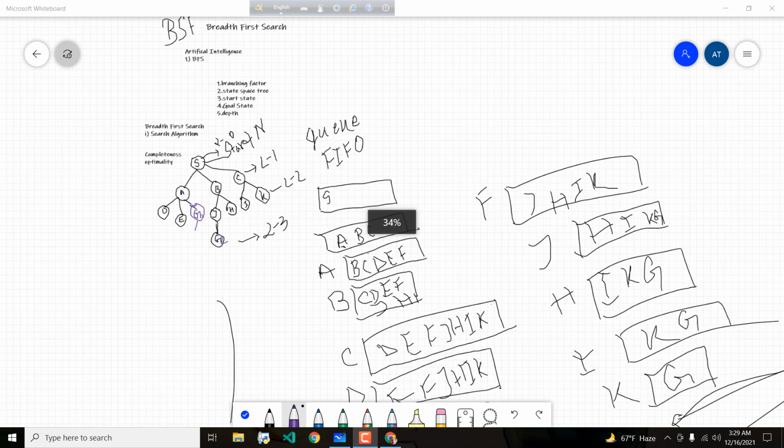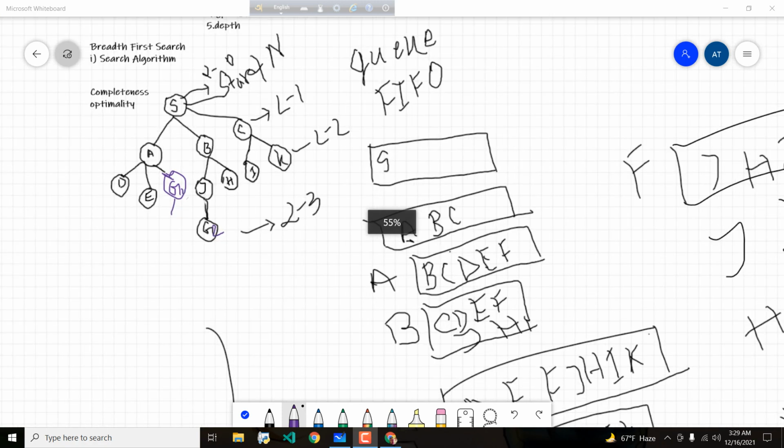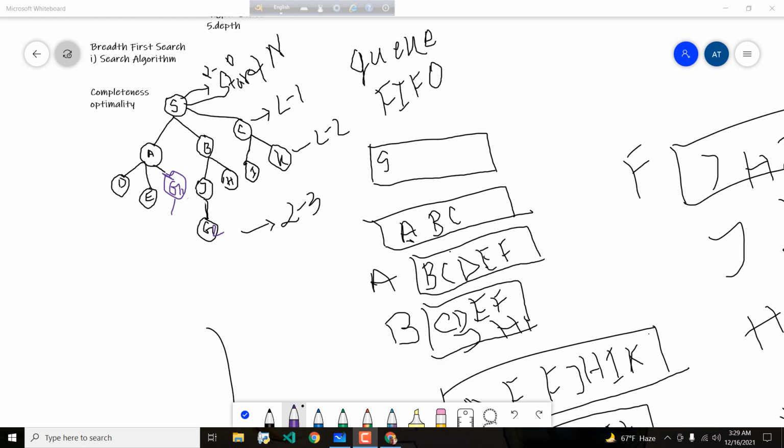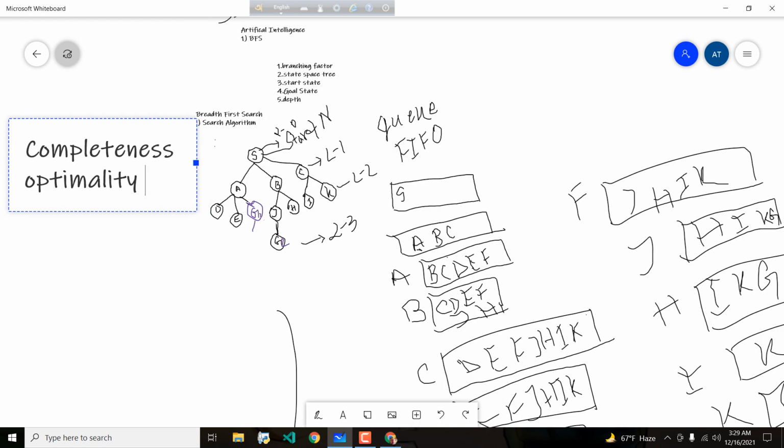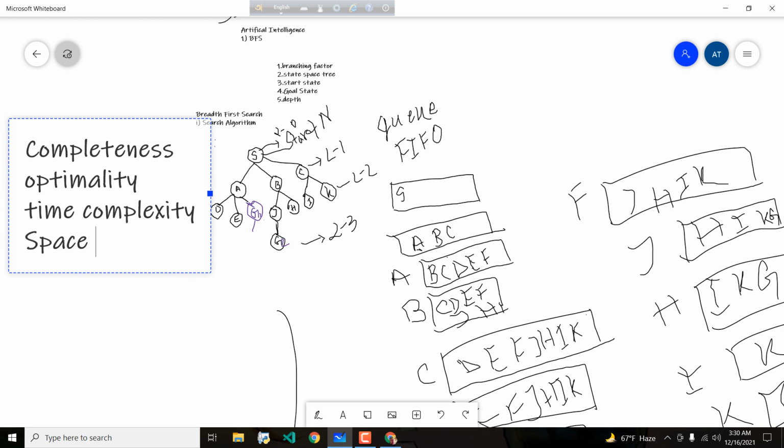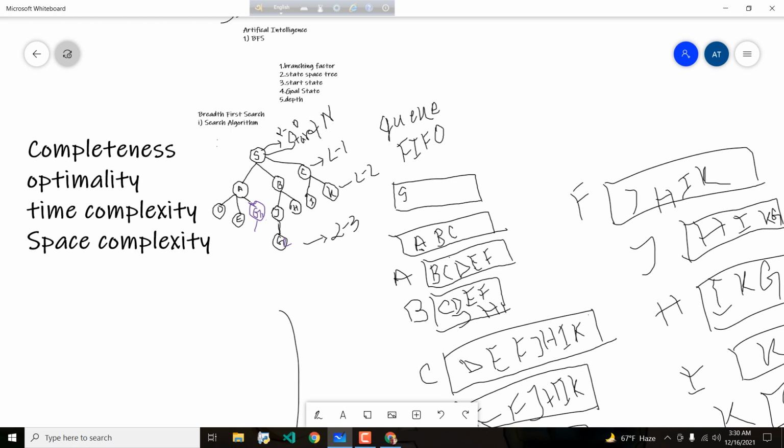Now we will discuss two more topics, and these are time complexity and space complexity. Time and space complexity are really important.